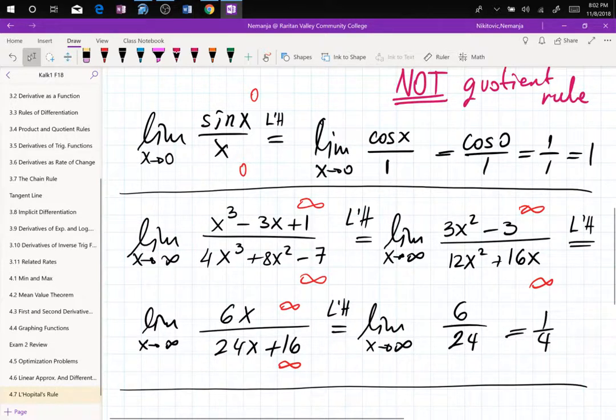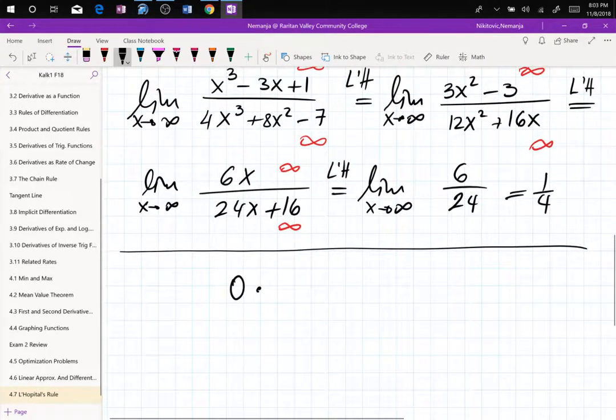So the first case that we are going to consider is going to be 0 times infinity. So 0 times infinity case.